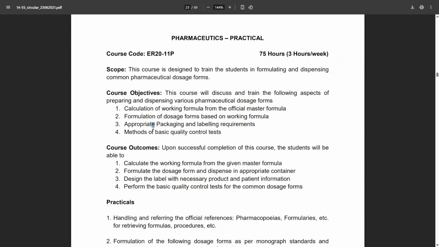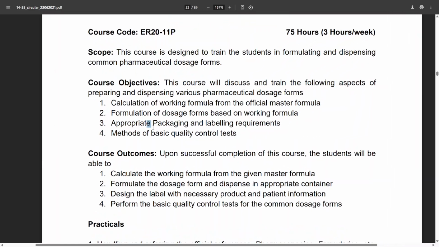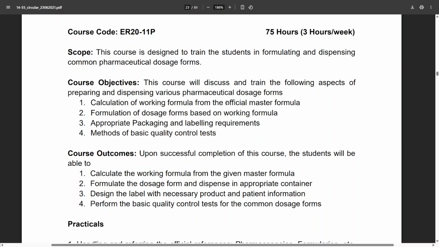Calculation of working formula from the official master formula. 2. Formulations of dosage forms based on working formula. 3. Appropriate packaging and labeling requirements. 4. Methods of basic quality control tests.